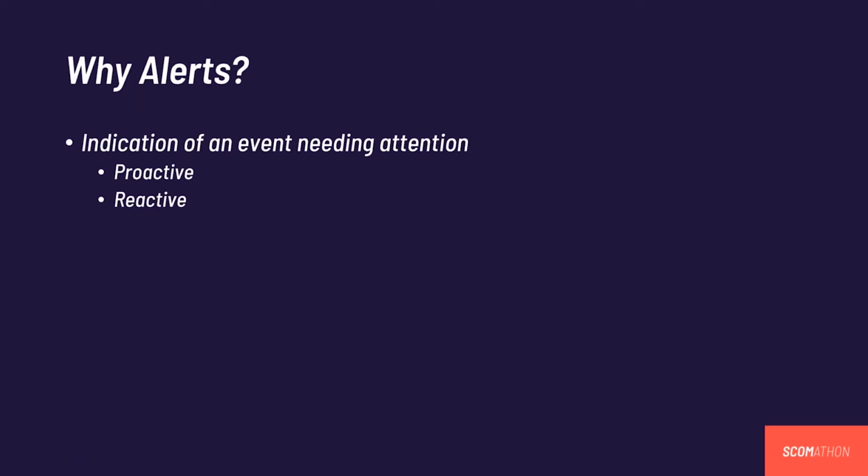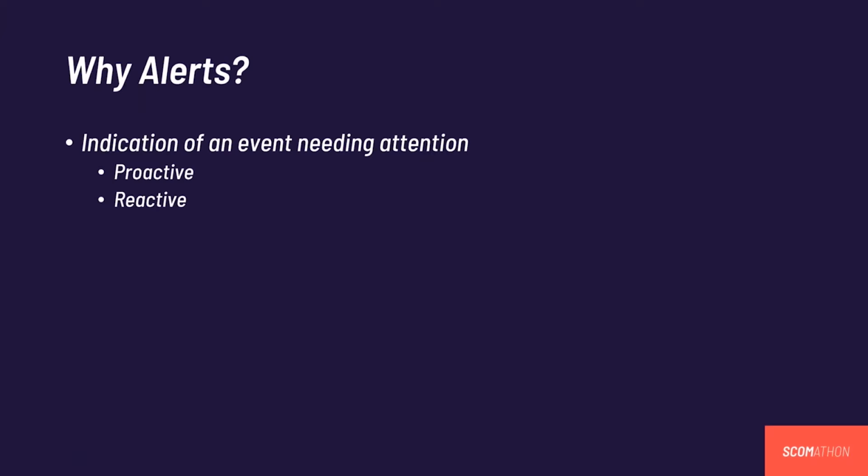Some alerts can be proactive, like if a disk is filling up and you get an alert that it has reached a certain warning threshold, then you want to know about it before it gets critical, right? So we want to know about it before the disk has completely failed. These are the alerts that warn you before something bad is going to happen, so you can take your measures to prevent that unwanted event.